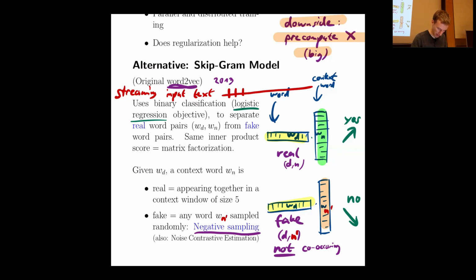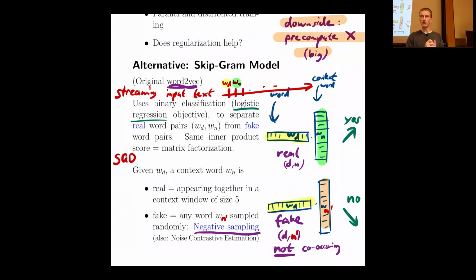The first word forms the first pair, W, D, W, N. So this is your first pair, and then you just continue. Then you keep reading. Okay, streaming algorithm is very nice. You don't need to memorize any text, just stream through it, and again, it's based on SGD, on this logistic regression loss function.